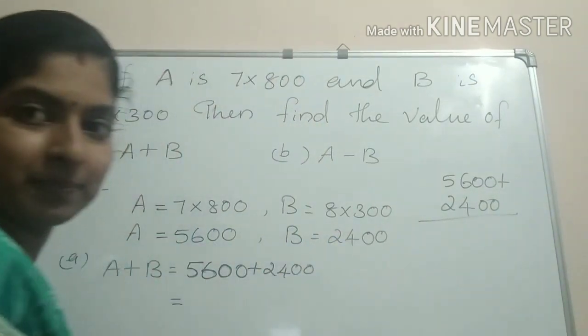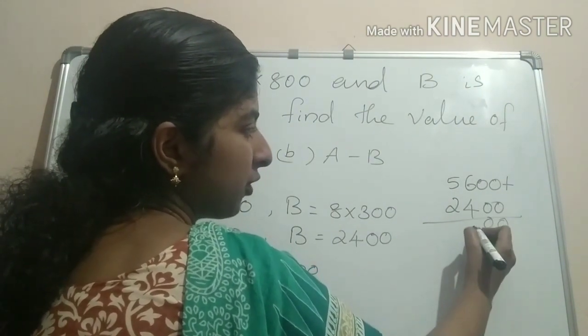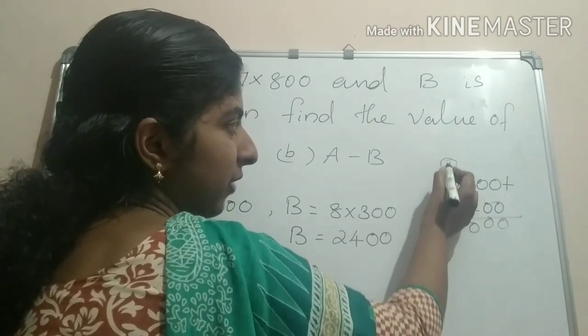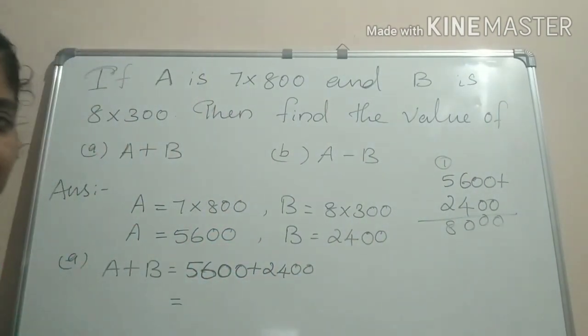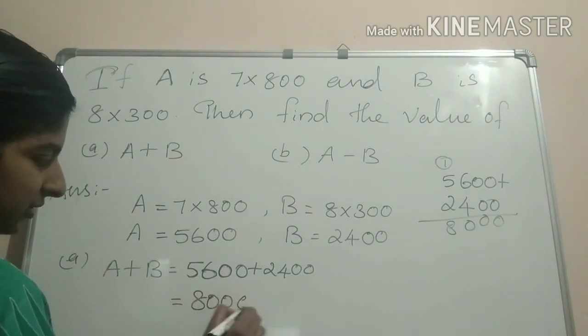What is the answer? 0, 0, 6 plus 4, 10, 0, 1 is balance. Then 5 plus 1, 6, 6 plus 2, 8. 8000 is the answer.